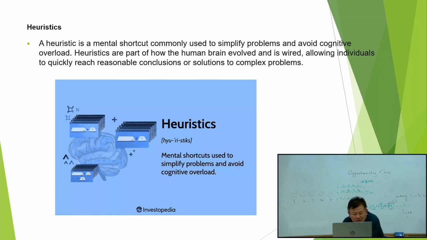Heuristics are part of how the human brain evolved and is wired, allowing individuals to quickly reach a reasonable conclusion or solution to complex problems. Okay. Later, if we get a chance in a decision-making class, I will show you a very simple decision-making style. Okay.